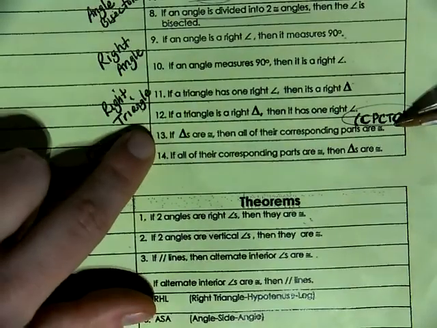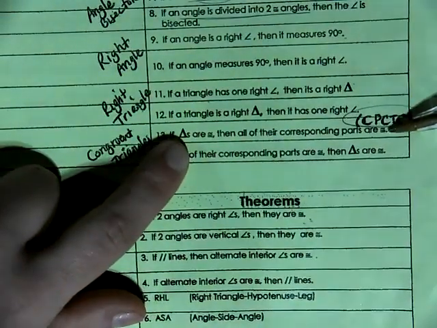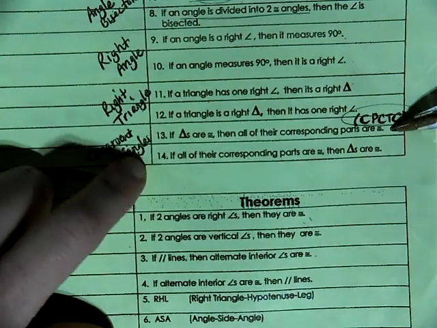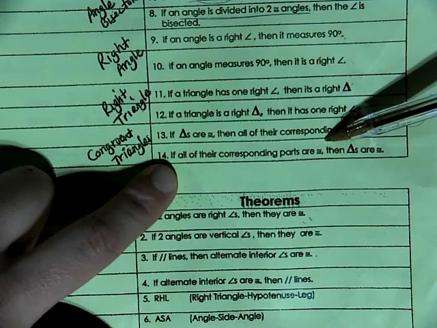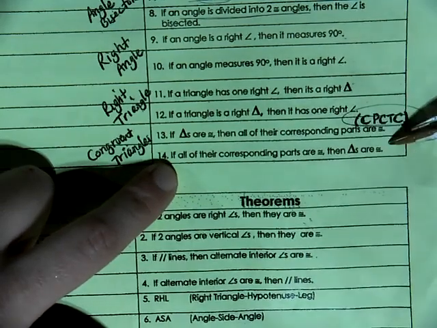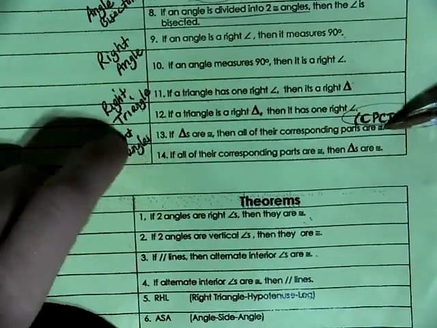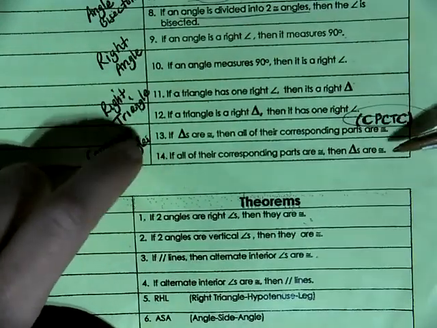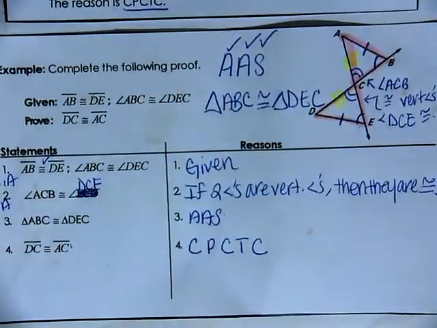The if-then statement is if triangles are congruent, then all of their corresponding parts are congruent. Or if all of the corresponding parts are congruent in a triangle, then the triangles have to be congruent. This is your CPCTC area for congruent triangles. For short, we're just going to work with CPCTC.